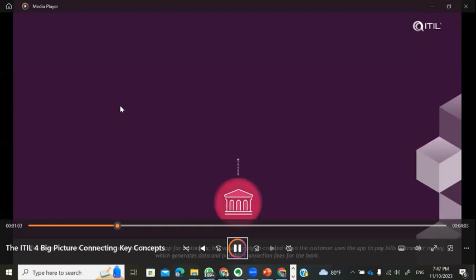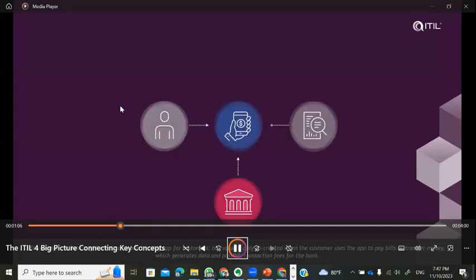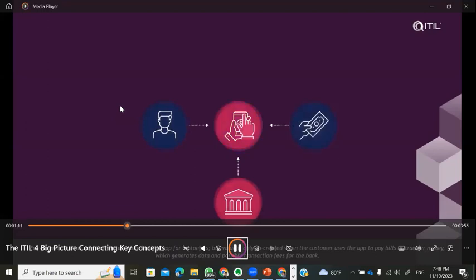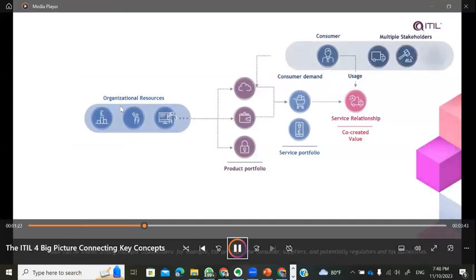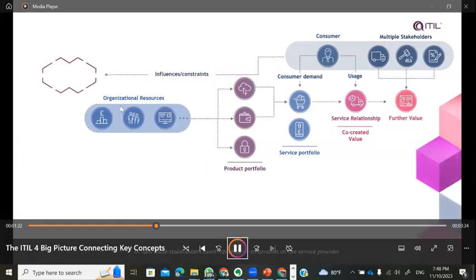For example, a bank might create a mobile banking app for customers, but value is only co-created when the customer uses the app to pay bills or transfer money, which generates data and possibly transaction fees for the bank. Value can be shared among multiple stakeholders, for example, the provider, the consumer, suppliers, and potentially regulators and tax authorities. In turn, these stakeholders exert influence or constraints on the service provider.